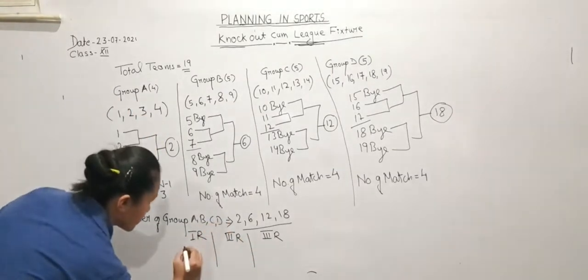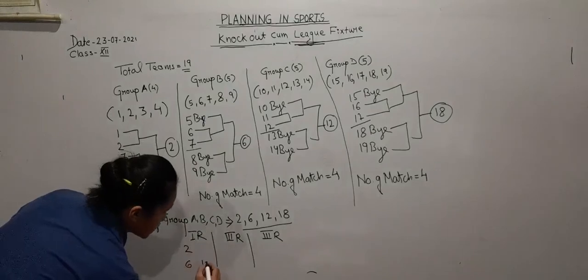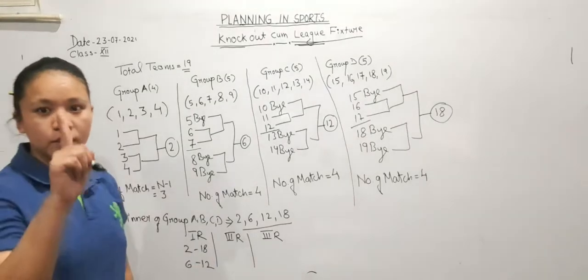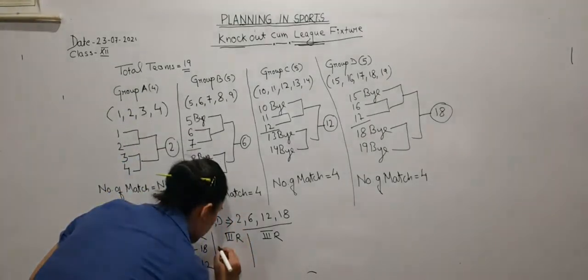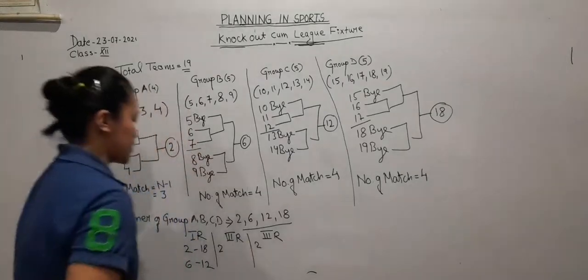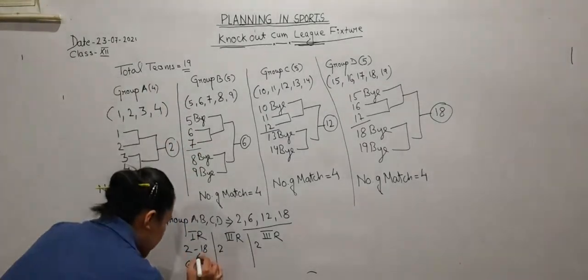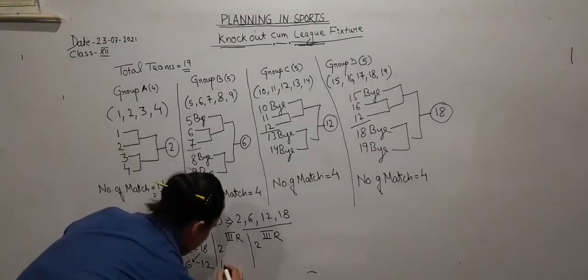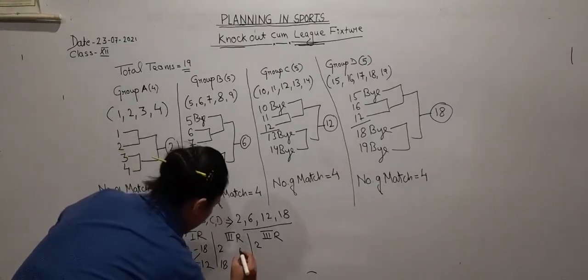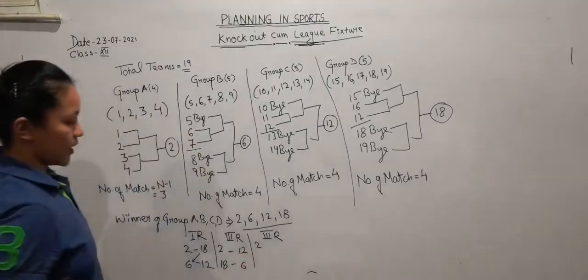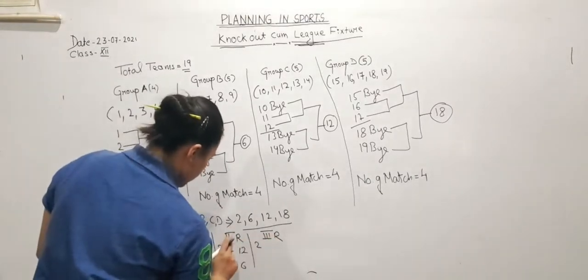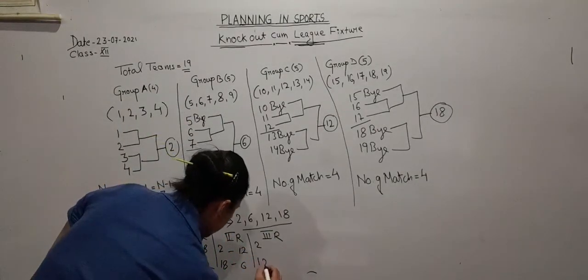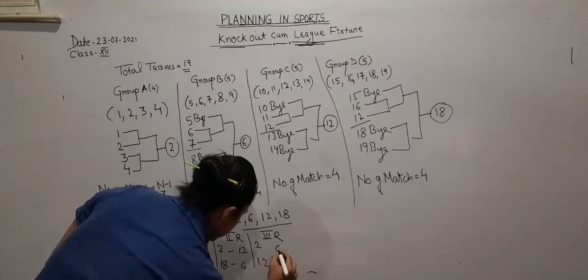In first round, 2, 6, 12, 18. In cyclic fixtures, we have to keep 1 player at a fixed place. We are keeping 2 at a fixed place. So in second round, 18 will come in the place of 6. Now, 18, 6 and 12. And in third round, 12 will come in the place of 18. 12, 18, 6.